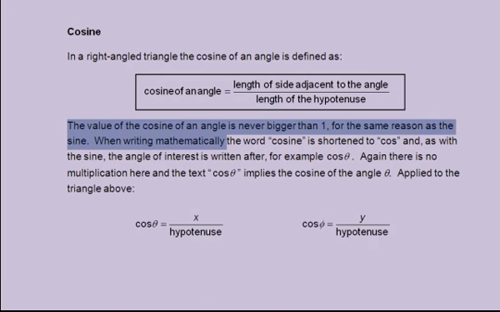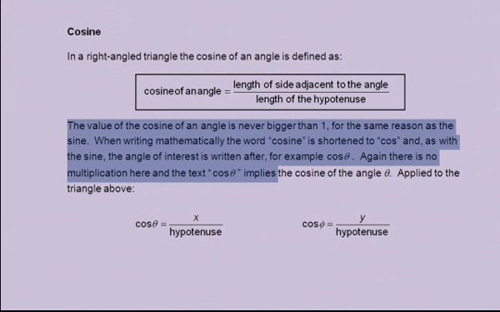When writing mathematically, the word cosine is shortened to cos, pronounced cos, and, as with the sine, the angle of interest is written after. For example, cosine theta is written cos theta. Again, there is no multiplication here, and the text cos theta implies the cosine of the angle theta.